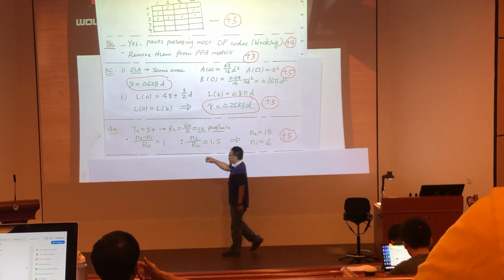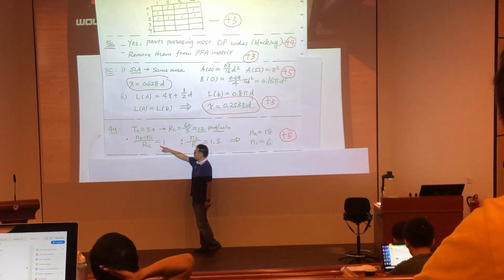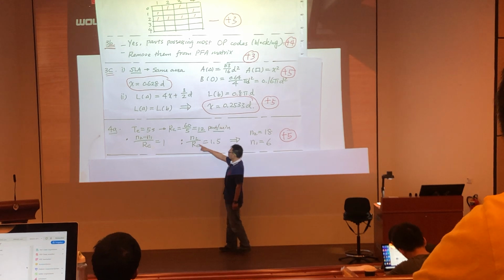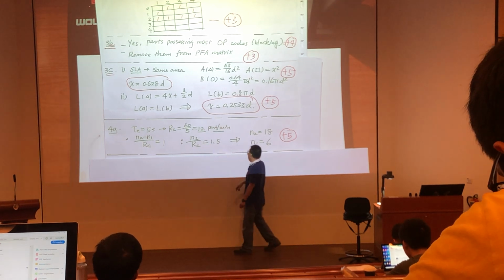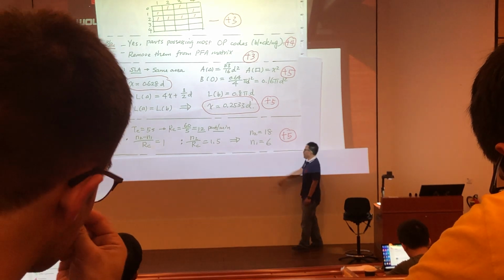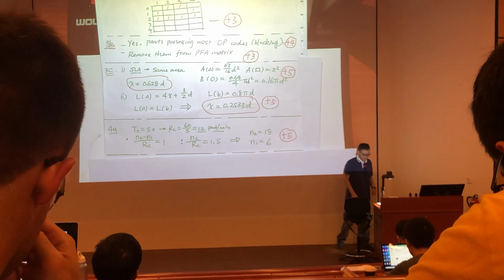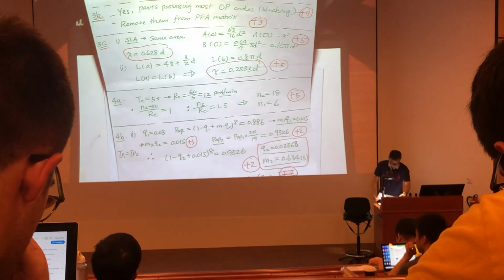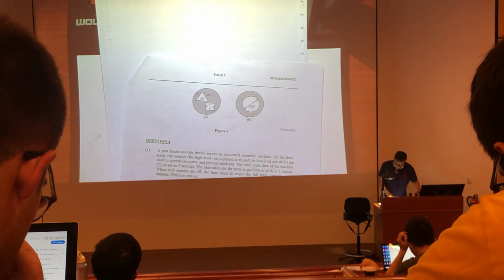From N2 to N1 in 1 minute, you get the one equation. And then the second equation, N2 divided by Rc equals 1.5, and you calculate, you get this too. 4B.